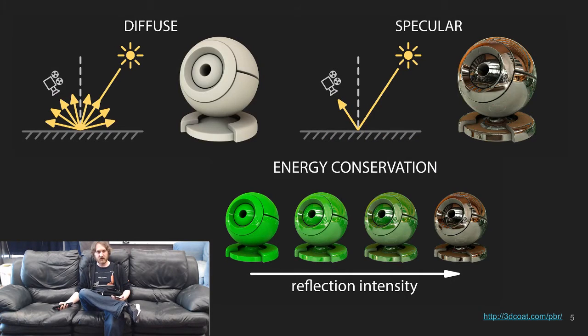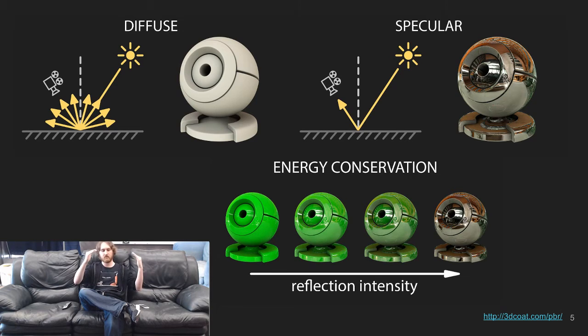There are two main ways that light interacts with objects. The diffuse of an object is when light hits an object and changes properties because it gets absorbed into the material.